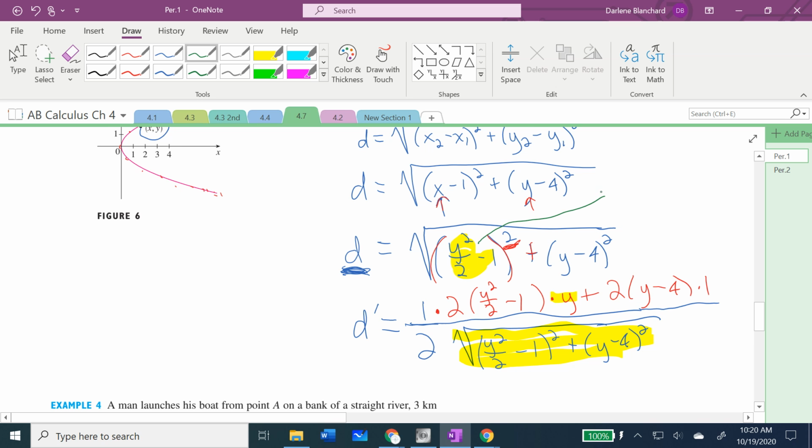That silly divided by 2 is annoying. So what I'm going to do is rewrite this as 1/2 y squared. And then when I take the derivative, I've got the constant multiple times 2y.